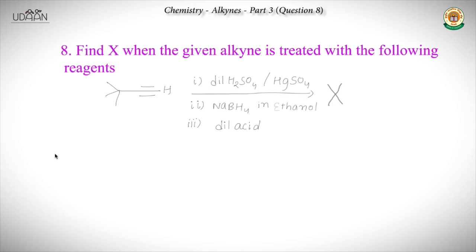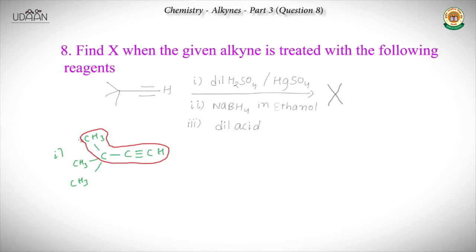First, the compound given to us is: you have carbon and C triple bond C, and to this carbon you have 3 methyl groups attached. First, let's try to name this compound. As per IUPAC nomenclature, you have to select the longest possible carbon chain, and this 4-member chain is the longest possible.